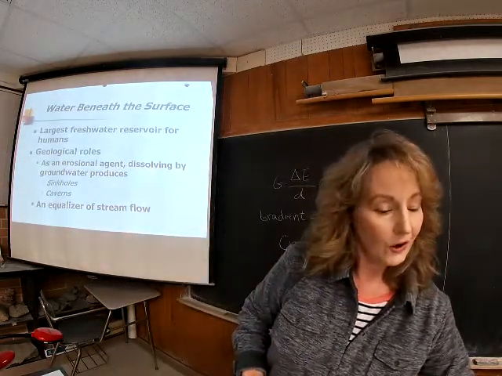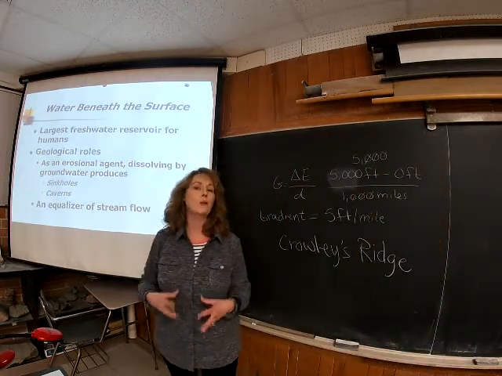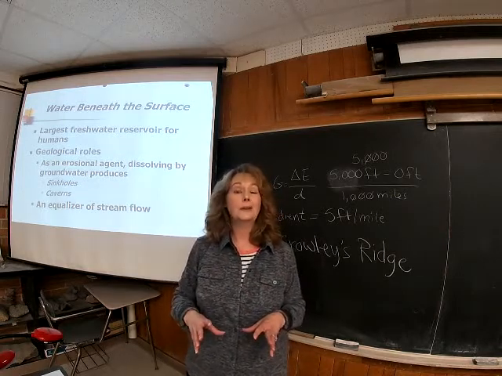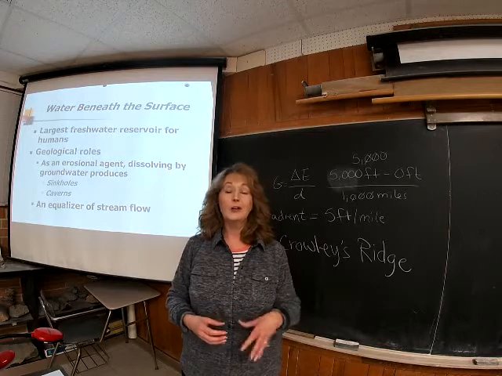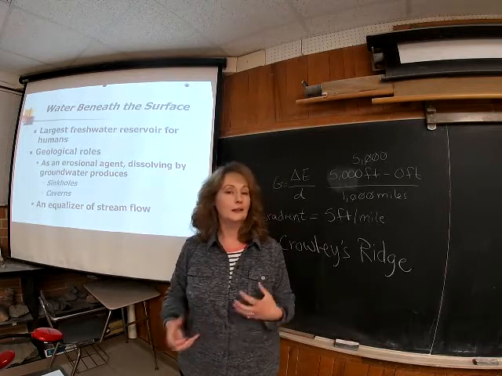So that's our talk about the work of the streams, the running water of the streams, and the various types of landforms you can get. You can get the erosional landforms, and you can get the depositional landforms.